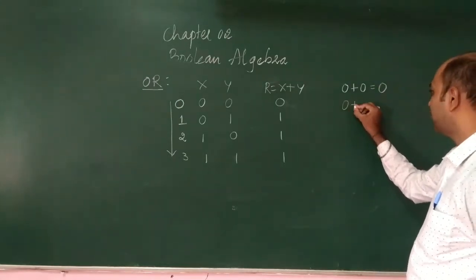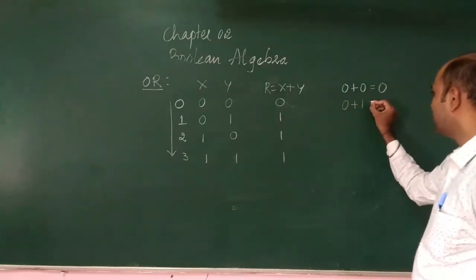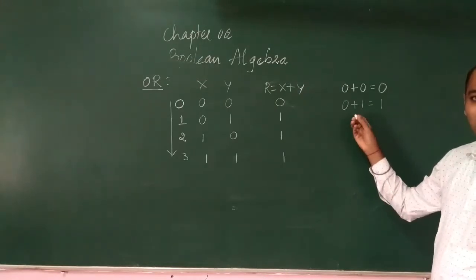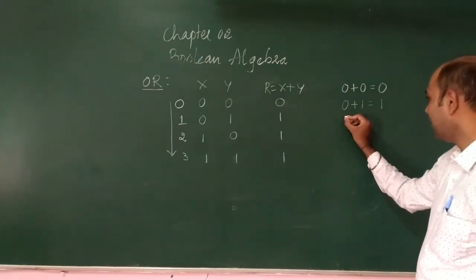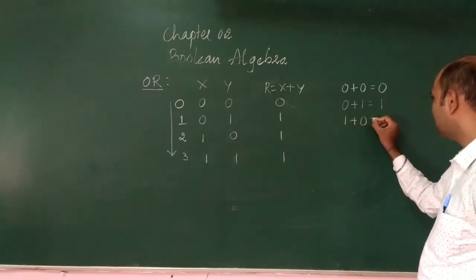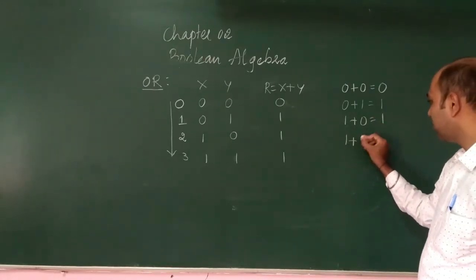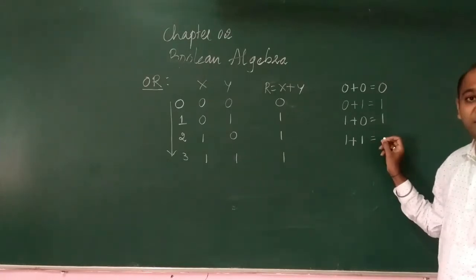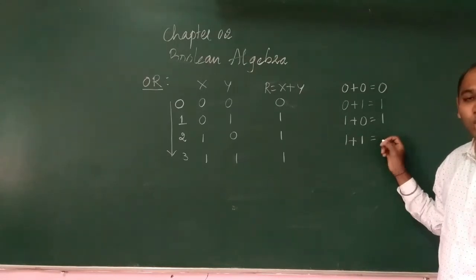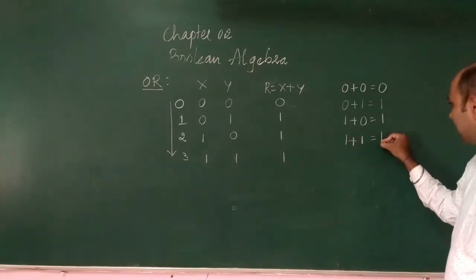Correct? 0 plus 1 gives me 1. So hence it is called binary addition. Here you can write 1 plus 0. This gives me 1 because 1 plus 0 is 1. Next, 1 plus 1, we cannot write 2 here, because in the binary number system we are not going to get the number 2. Even if we get 2, it is always set as true, correct? True represents 1. Hence it is 1.